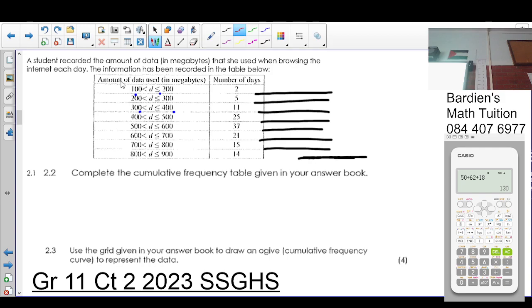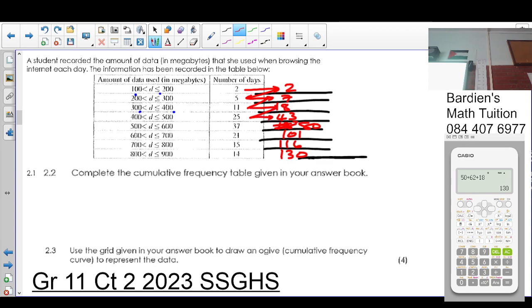The cumulative frequency is going to be 2, then 7, then 18, 43, 80, 101, 116, 130. For those of you who don't know how we got that, it's 2 plus 5 is 7, 7 plus 11 is 18, and so on.